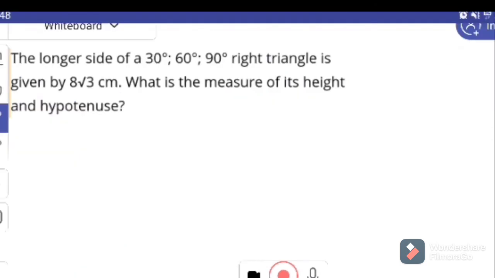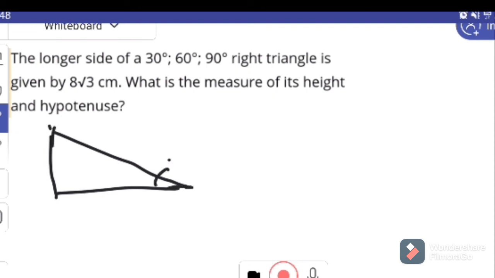For our next problem, let's have the longer side of a 30, 60, 90 degrees right triangle given by 8 square root of 3. What is the measure of its height and the hypotenuse? So first, we are going to sketch the triangle given. Okay, so let's assume that this is a perfect right triangle.